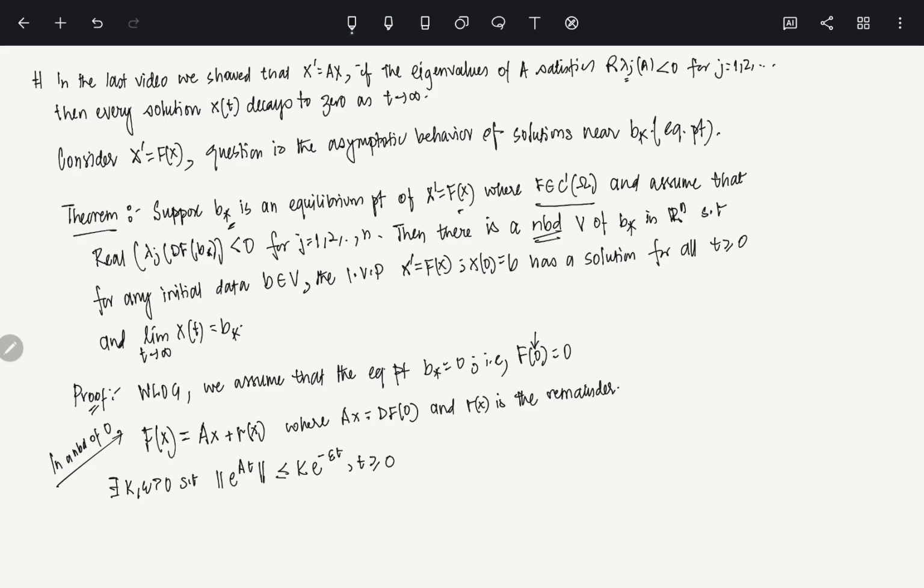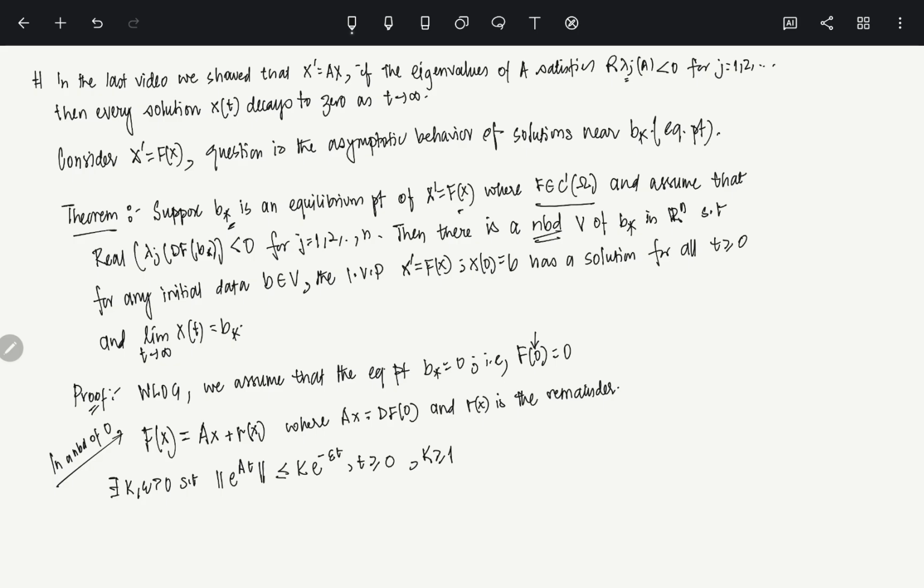We talked about this while discussing the asymptotic behavior of the solutions. Of course, k has to be greater than or equal to 1, by definition, because at 0 it is 1. That's just given.